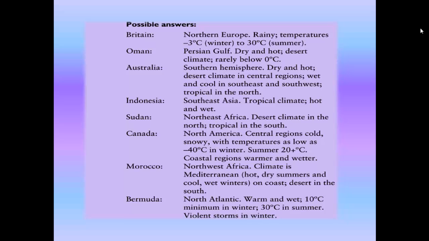It's in the North Atlantic. The weather is warm and wet. The temperatures are 10 degrees centigrade minimum in winter and 30 degrees Celsius in summer. And in Bermuda we can see violent storms in winter.